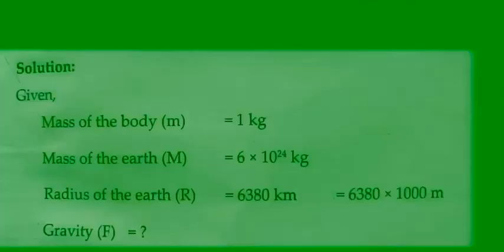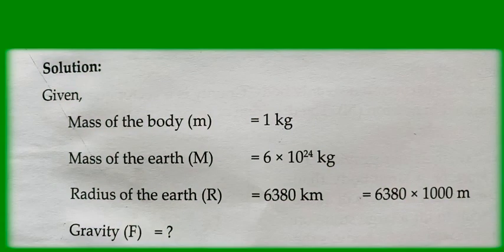Like I discussed last time, being a numerical problem, we always have to start with the solution. Later on we have to write the given, and in this question there are two types of bodies. One body is a big body and the other body is a small body.